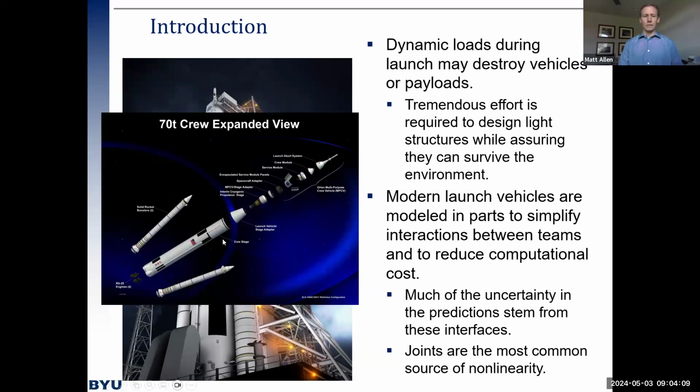So in the development campaign for SLS, there were tests done on pieces of boosters, the core stage, different pieces, such as the Orion crew module and things. And at each level, we could get a reasonable model of the individual pieces, but it's the interfaces and the joints between them that are difficult to model.